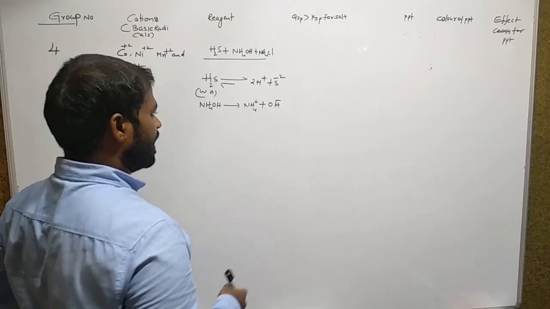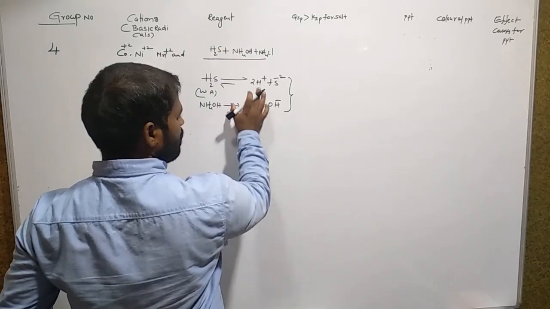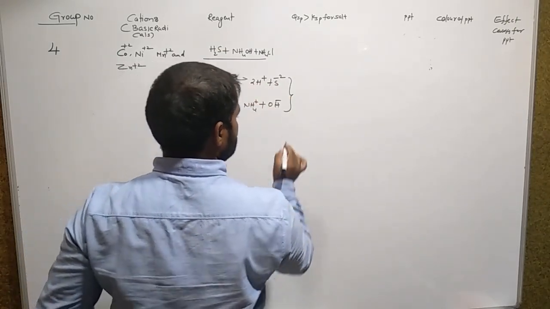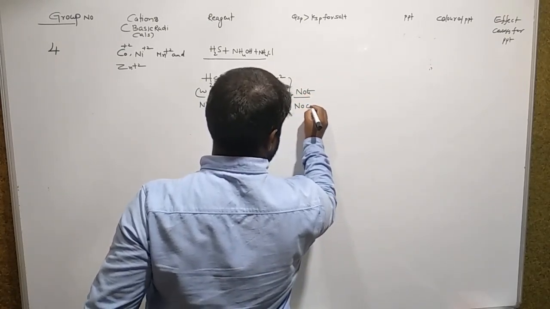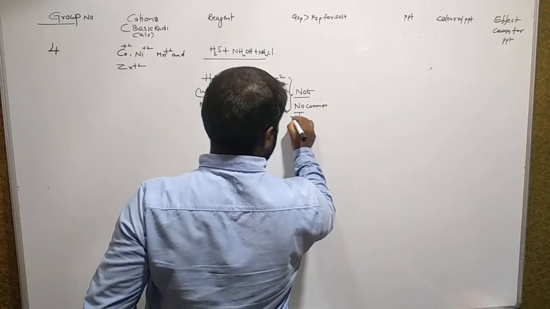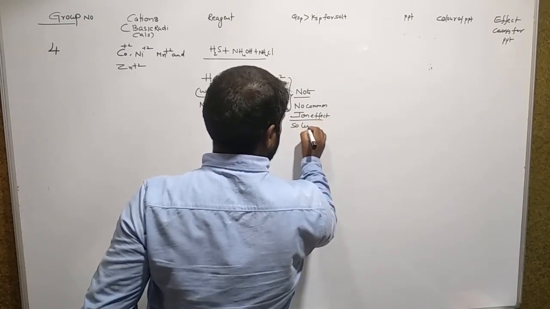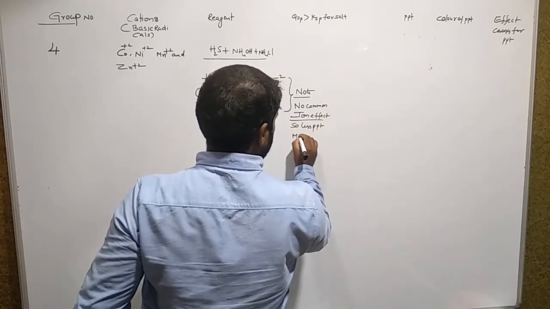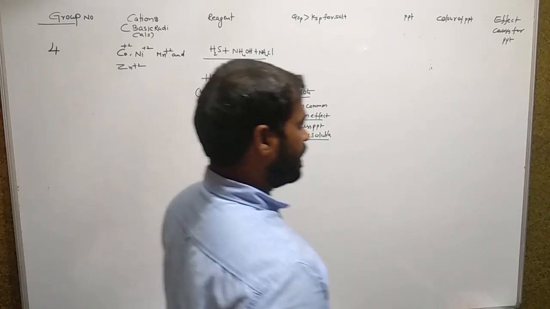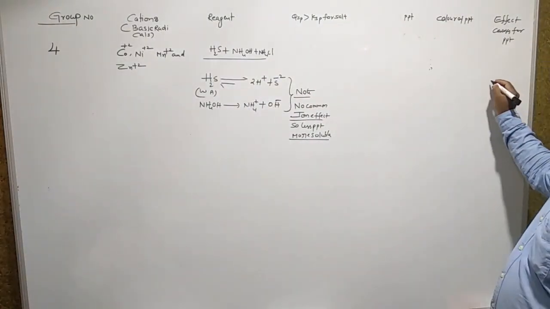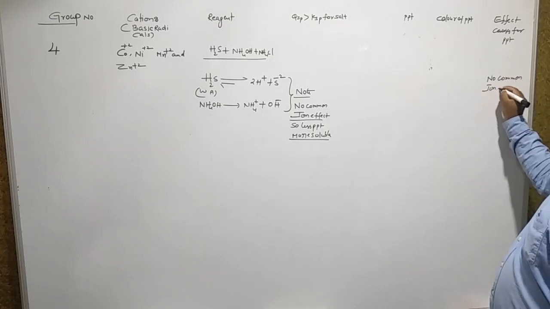No common ion takes place here, no H plus in both compounds, no OH minus in both, or no sulfide ions. So remember, there is no common ion effect. So less precipitate, more soluble. Remember this, more soluble. Here, no common ion effect takes place.